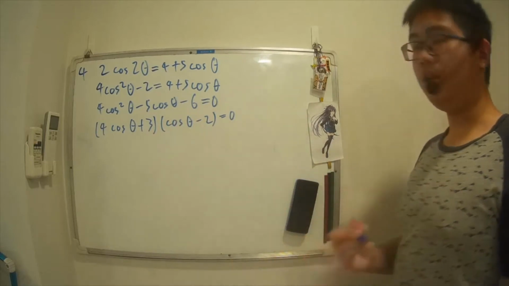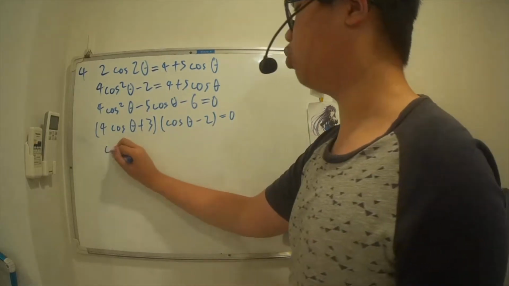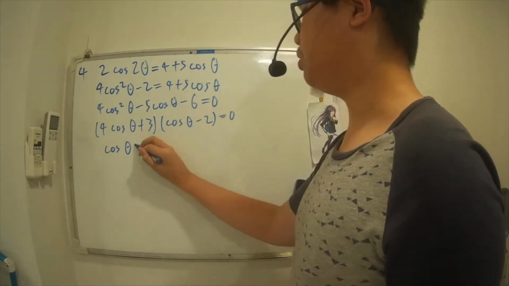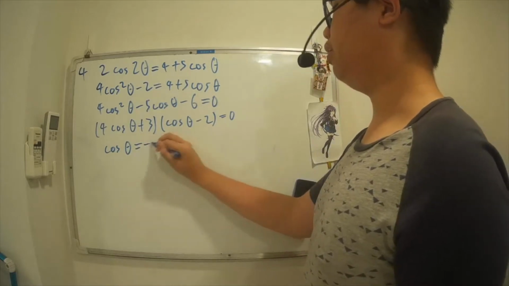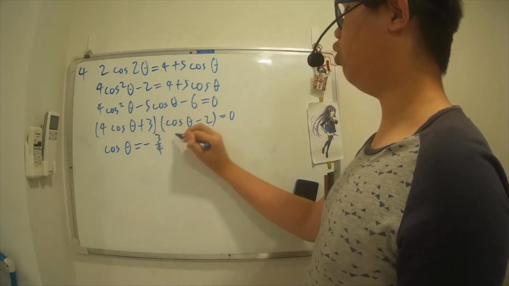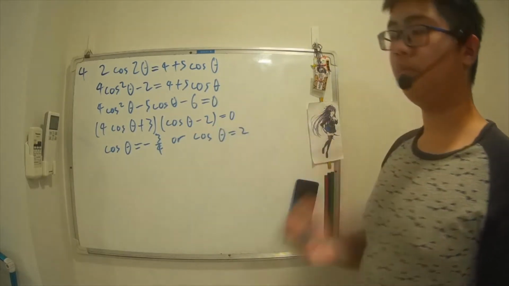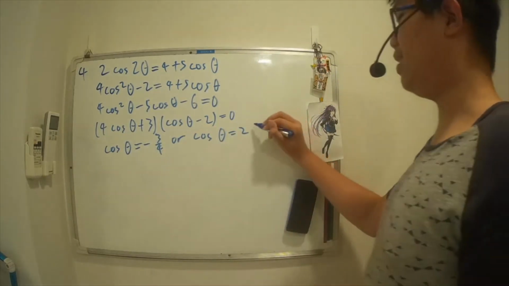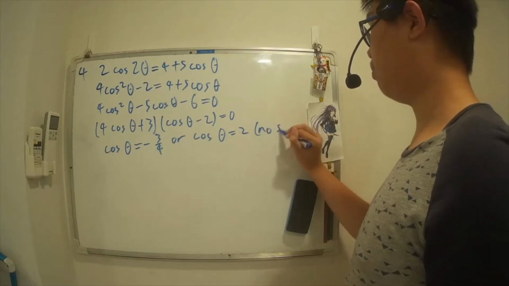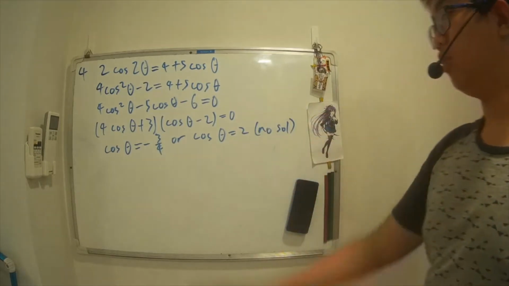Yeah, okay, so that means that cosine theta is equal to negative 3/4 or cosine theta is equal to 2, okay? But this has no solution, right? Okay, so we will just take this.